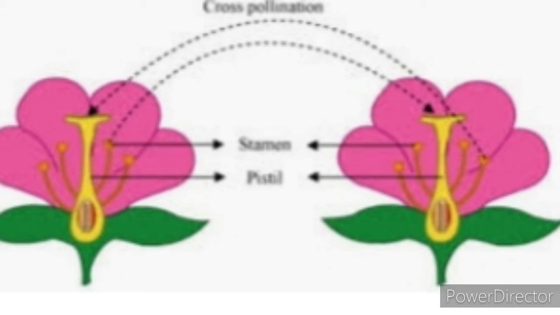Inbreeding depression means reduced fertility. They are not getting any good varieties, continuing the same type. Instead of that, we should get cross-pollination. Through that, we will get genetic variations. So how can we encourage that? What are the points?